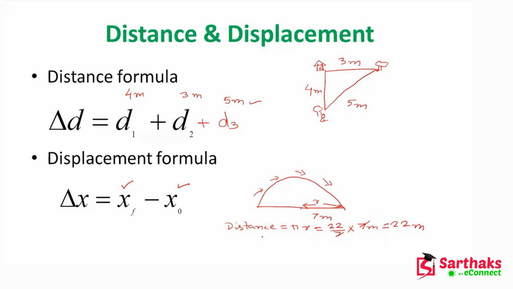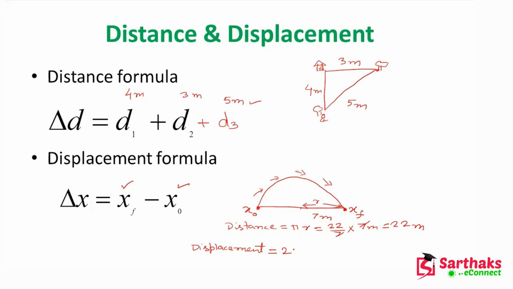Right? So similarly, if I am asking for displacement, displacement means what? This is the initial position and this is the final position. So the difference between the final position and the initial position, this is xf and this is our x0, right?